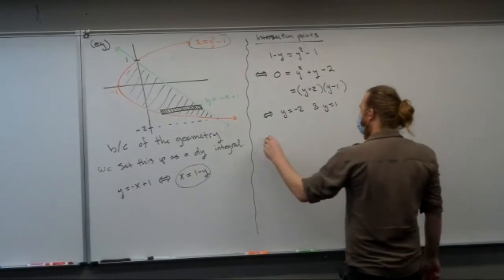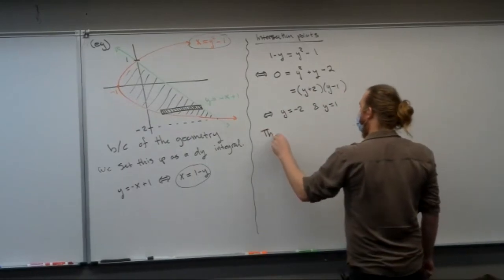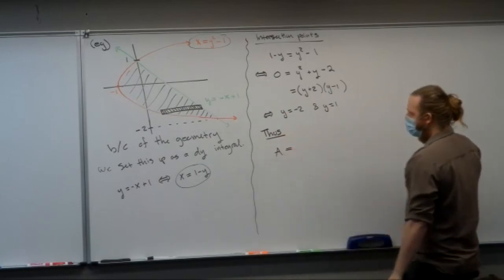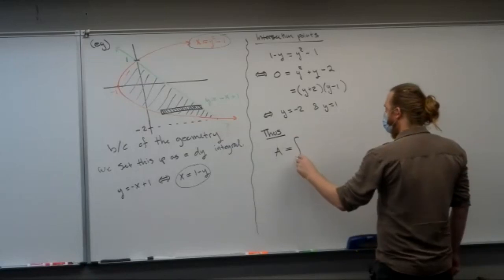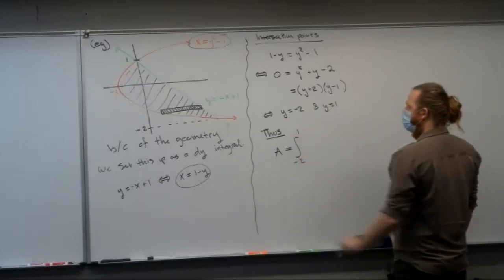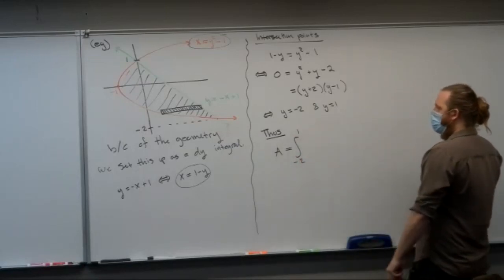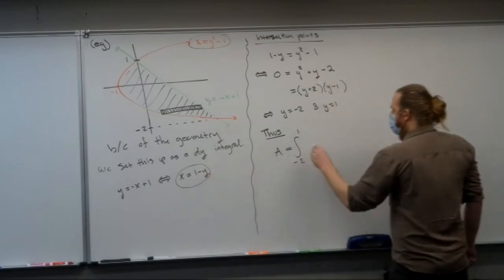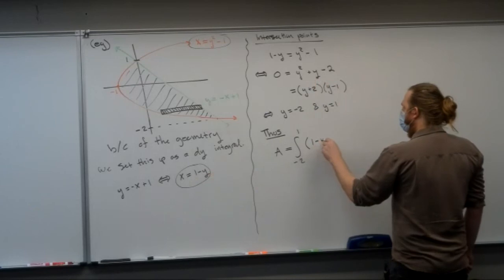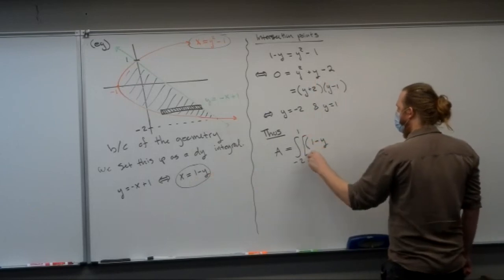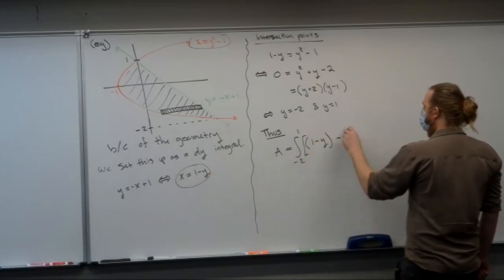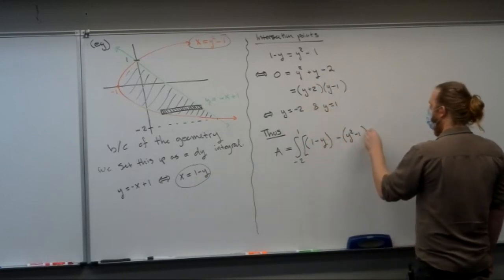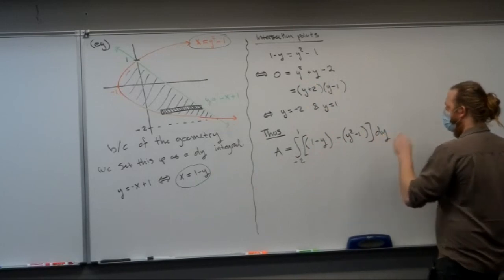So my area is going to be the integral from the smallest y value in that region to the largest y value in that region of my right curve given as a function of y, which is 1 minus y, minus my left curve given as a function of y, which is y squared minus 1, dy.